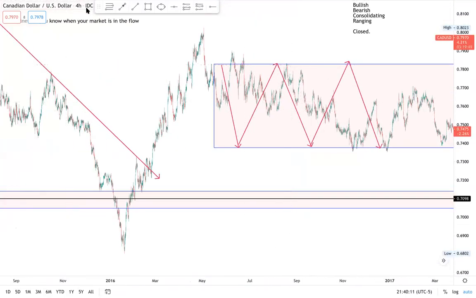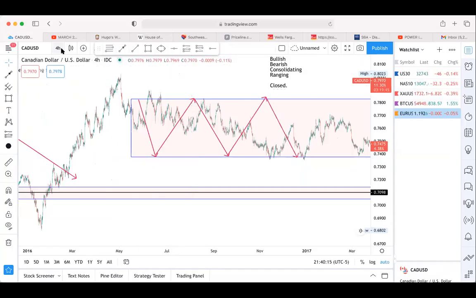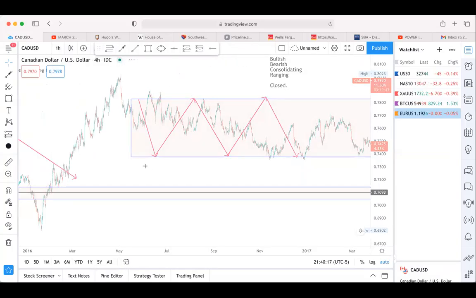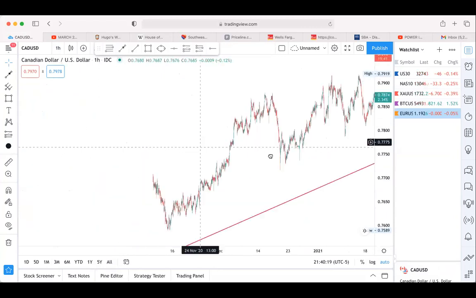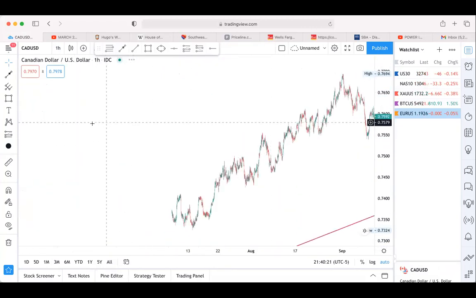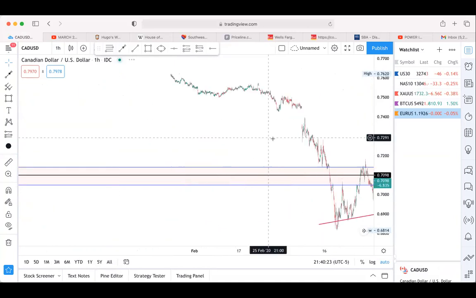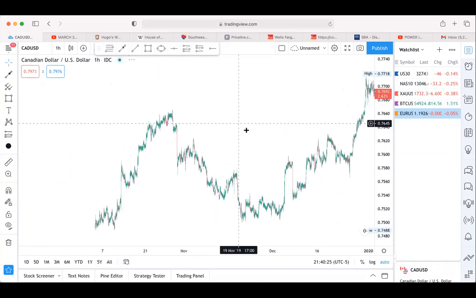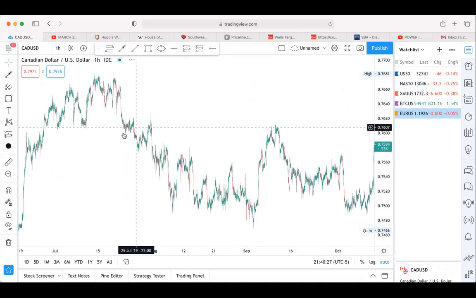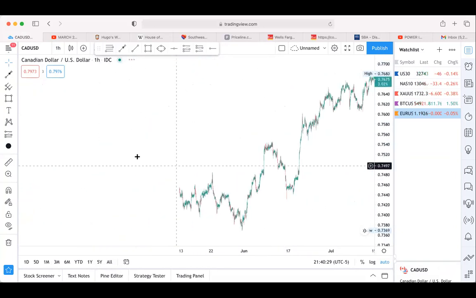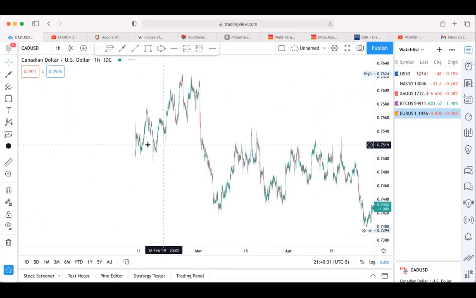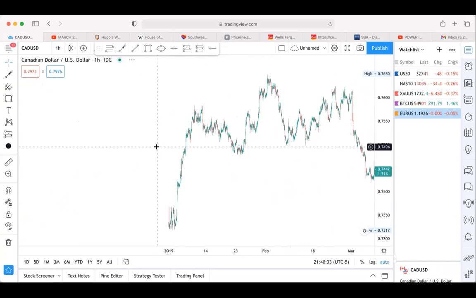But if I take it to a lower time frame, if I go to 1 hour, I don't know if we can find it. It's all the way back. Because when you start going down to lower time frames, you understand that the market is really, really big.